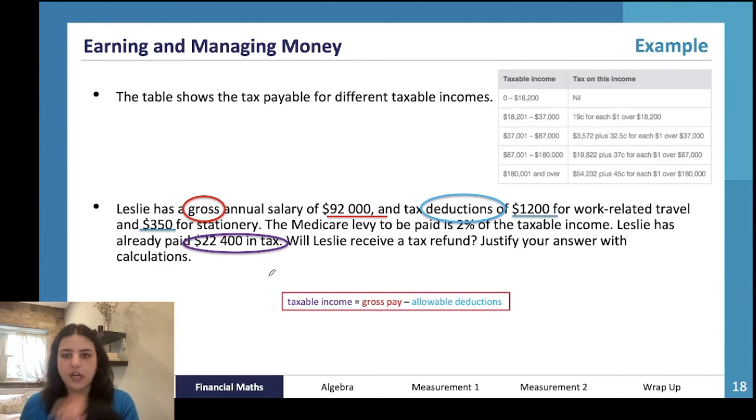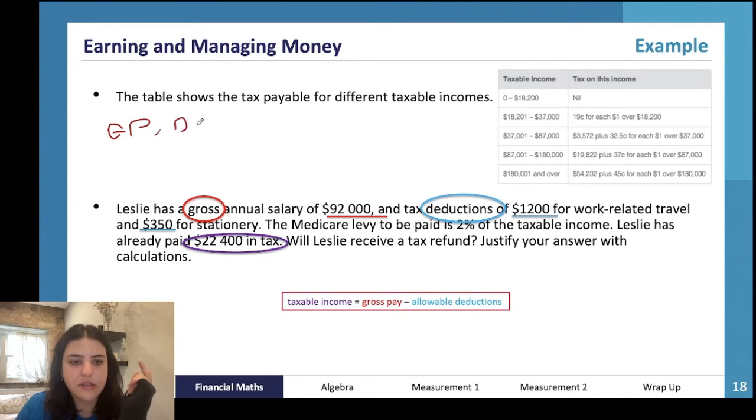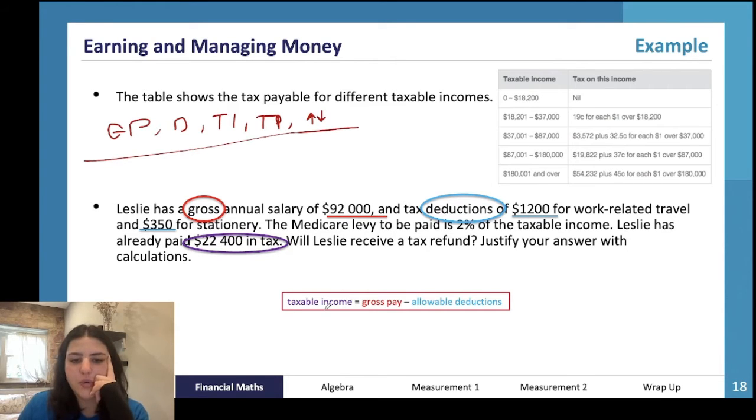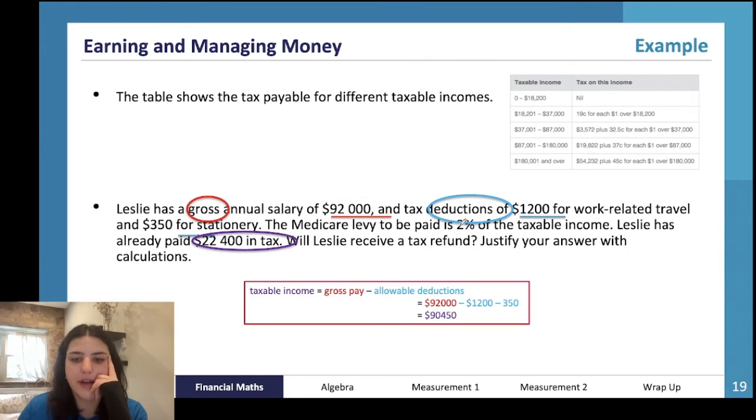So this question is touching on all the things we've just talked about. We have our gross pay, our deductions, our taxable income, our tax payable, and our refund or payment. That's all of the things we just talked about. So what we need to work out is our taxable income, which is this gross pay minus our allowable deductions, which we underlined.